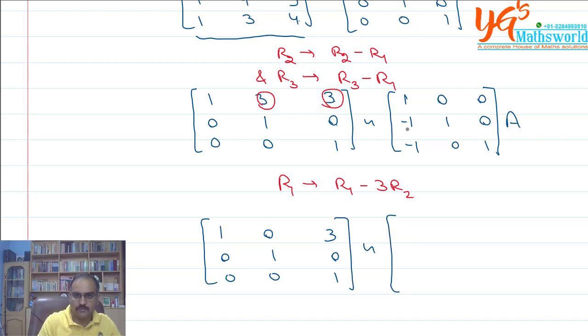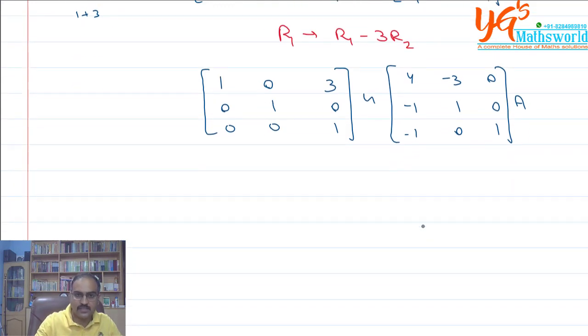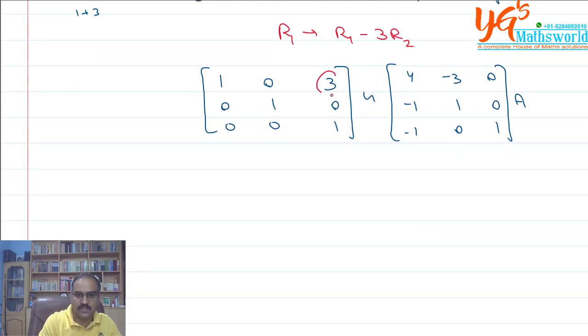Now 1 minus of 3 times minus 1, so it will be 1 plus of 3, that will be 4. Then we have 0 minus of 3 minus 3, then 0, then minus 1 1 and 0, minus 1 0 and 1 into the matrix A. Next I need to reduce this 3 as 0.